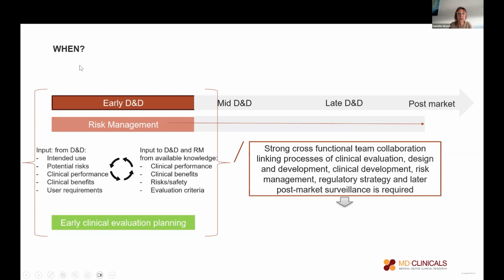So I'm talking about this input. The input from design and development, making the middle part a little bit bigger, is providing the clinical team with intended use, potential risks, clinical performance, clinical benefits, and user requirements. And then, in a really integrated process, the early clinical evaluation planning starts.